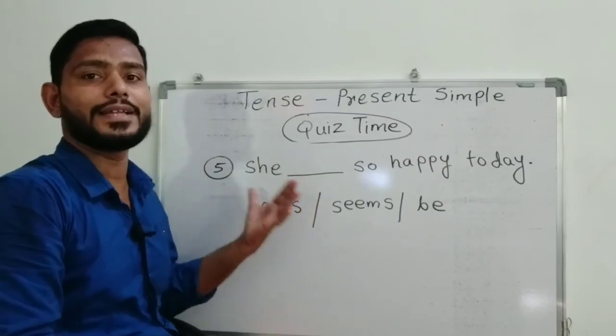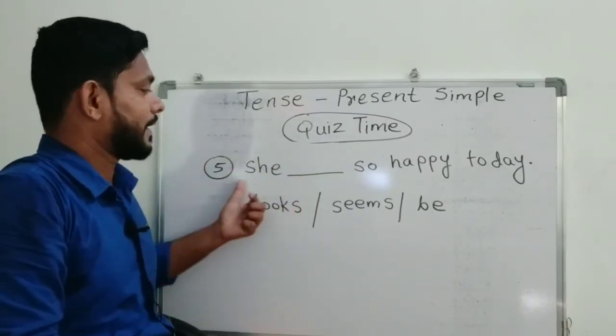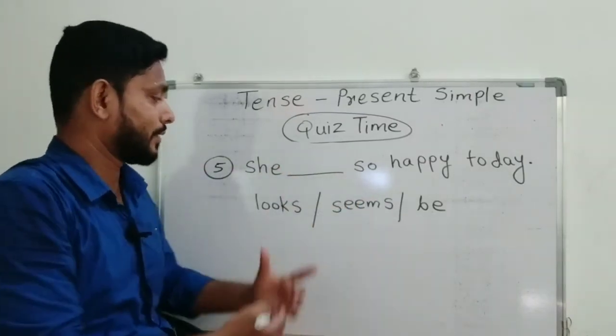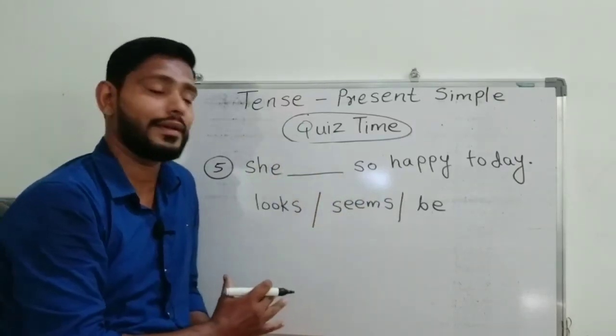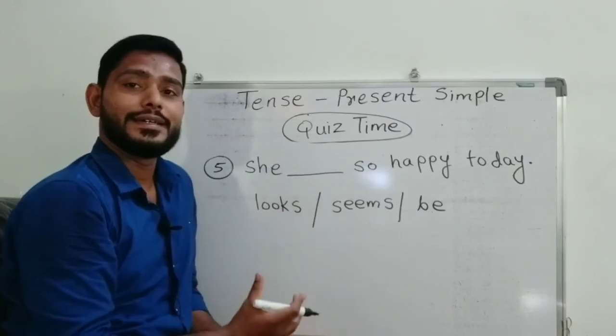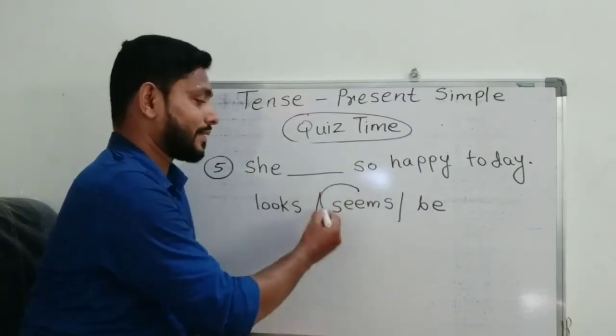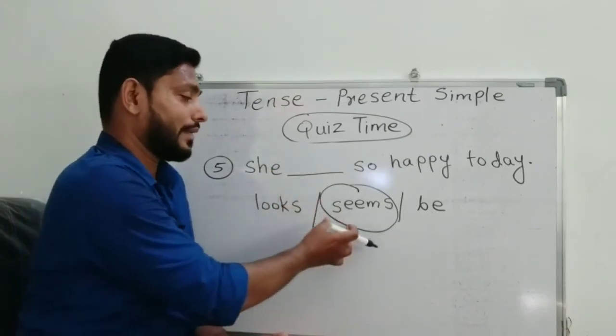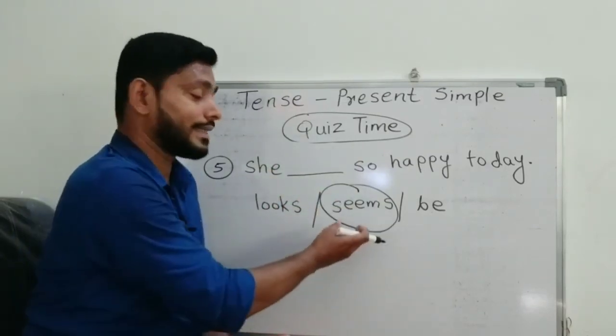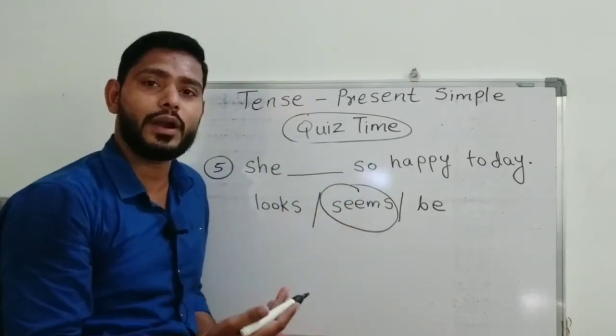And here is the last question for you. She blank so happy today. What may be the correct option to choose to make this sentence more meaningful? She seems so happy today, because she is third person singular and the stative verb is seems. What is a stative verb?